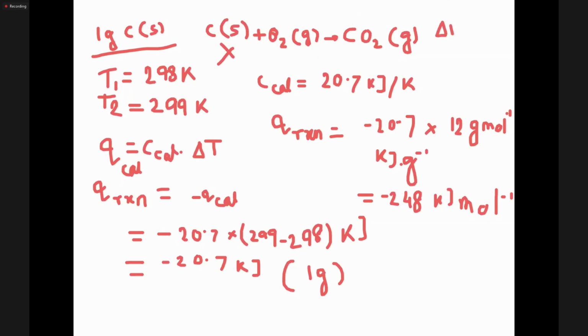So delta Ng in this case will be 1 minus 1, that is 0. So we have the equation delta H is equal to delta U plus delta Ng RT.